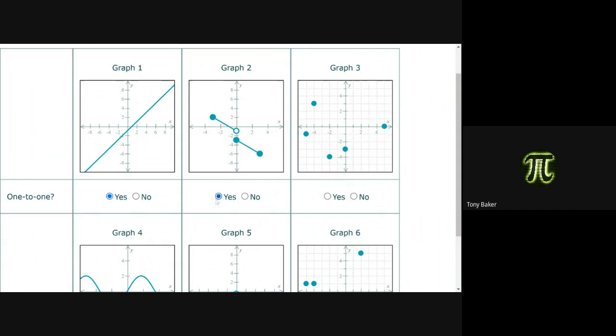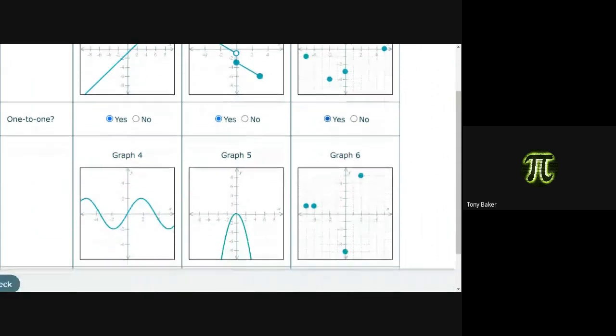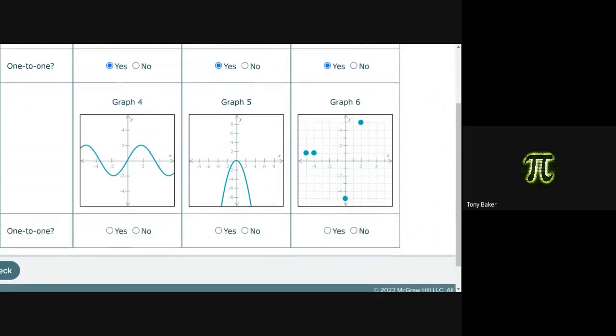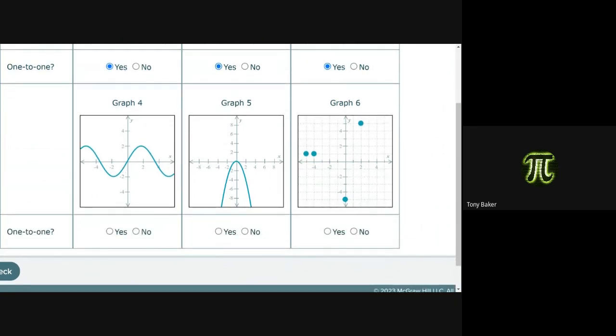So yes, this would be 1-to-1. Graph 3. Graph 4. Yes or no? No, because if we go across, it's going to hit more than once. Graph 5. No. Graph 6. No, because we're right there.